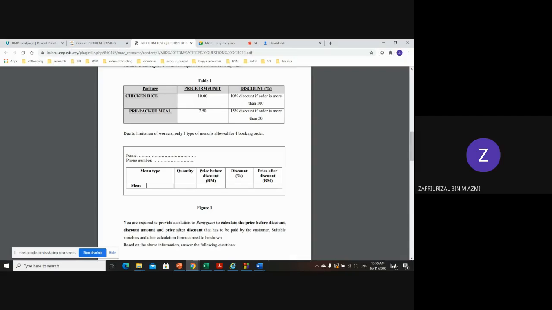Alright, price before discount. Maybe some of you found this confusing. What should it be? Is it input? No. It is not input.